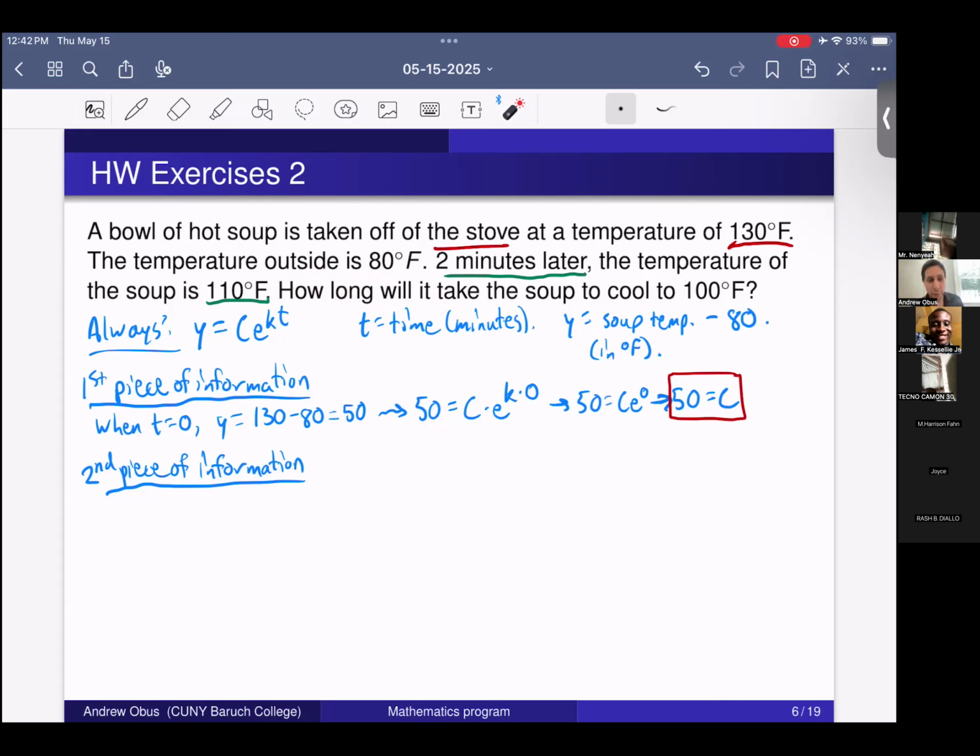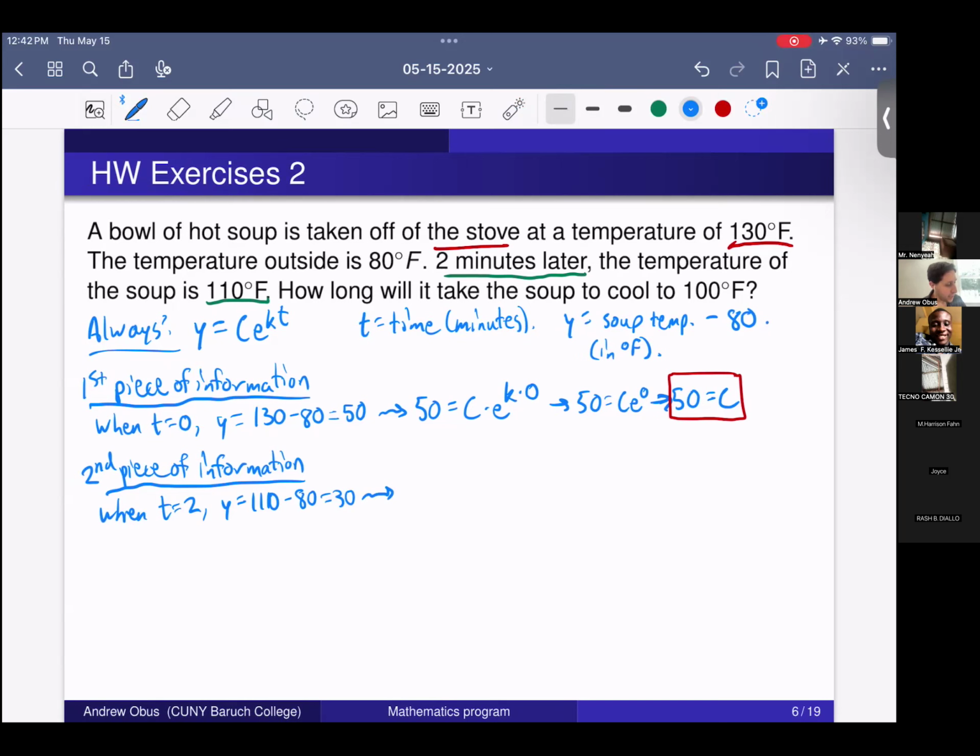Okay, so James has about 3.64, which I assume is right, but let's work this out. The second piece of information says 2 minutes later. So when t equals 2, the soup is 110. That means y has to be 110 minus 80, which is equal to 30.